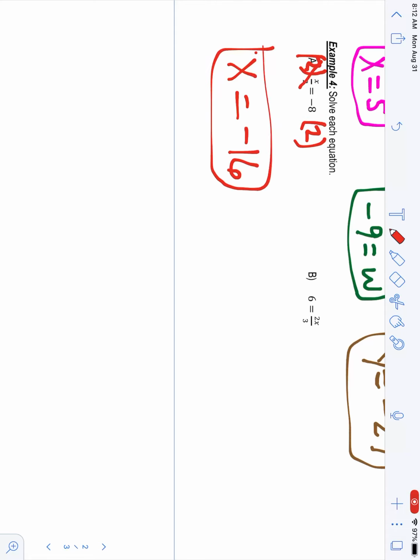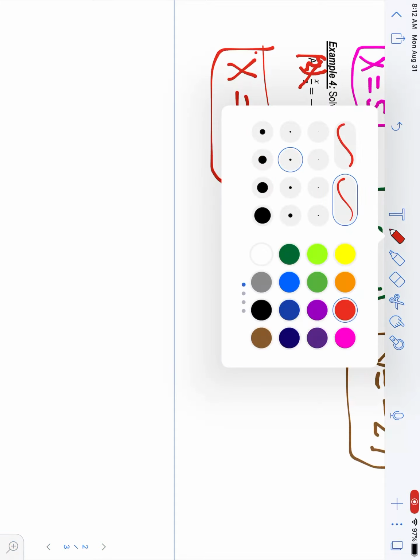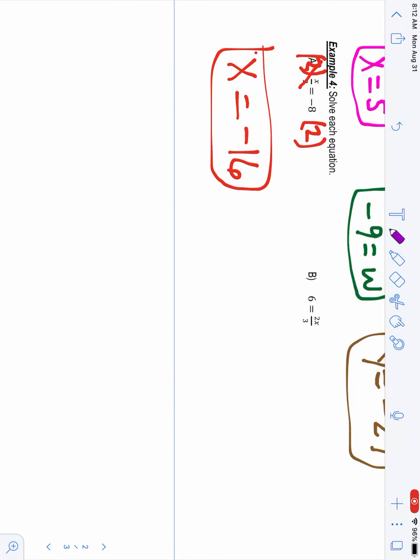All right, now, same sort of thing. This one just takes us 2 steps. 2x divided by 3 equals 6, so I'm going to move that 3 first by multiplying both sides by 3. Okay, they'll cancel. I'm left with 18 equals 2x.